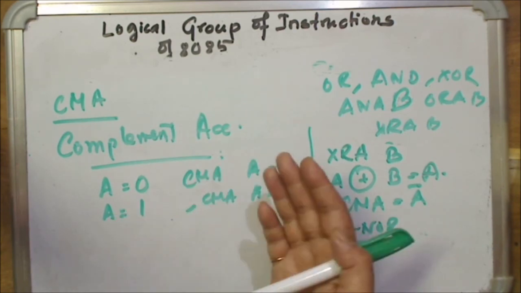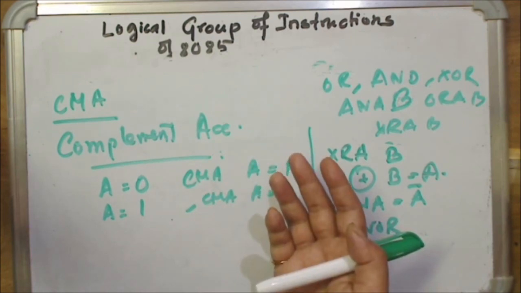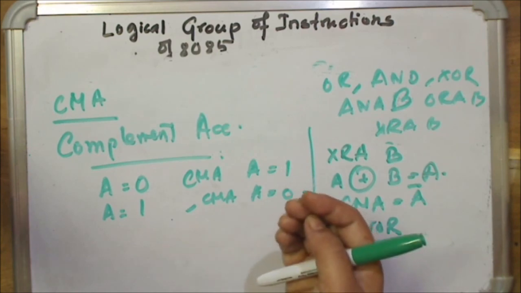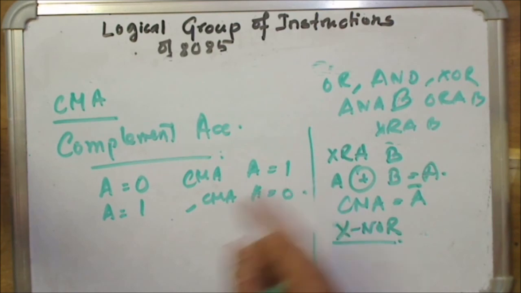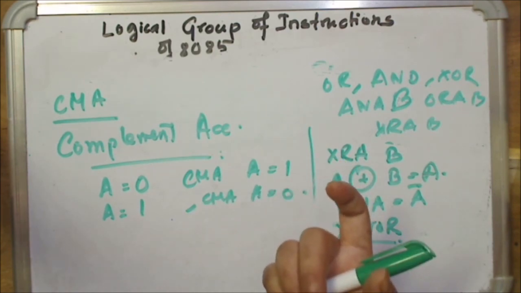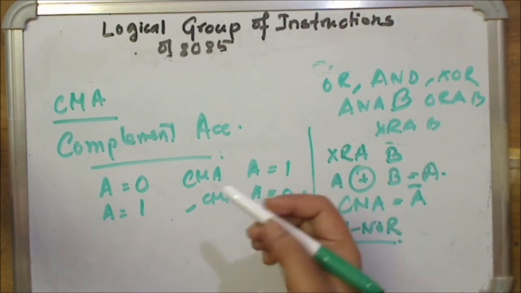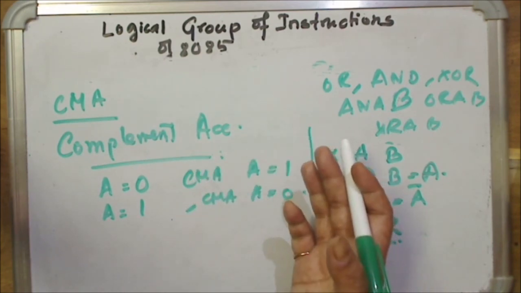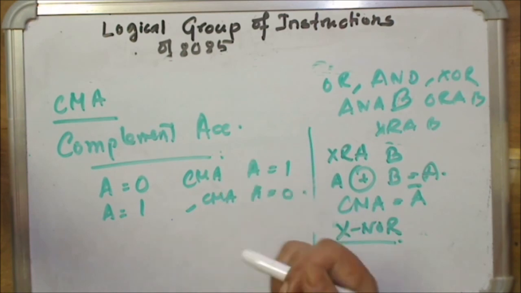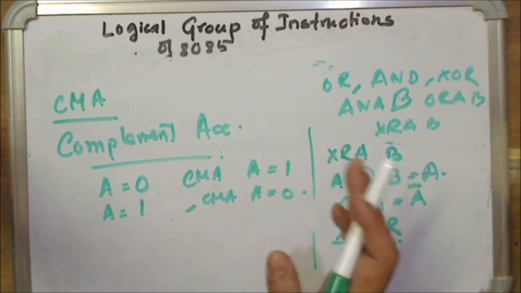Then you OR the data with some register or some memory location, or with a number given in the instruction, and you get the result in OR form. Then you write the instruction CMA, so you get the complemented result of the accumulator. That is, you are getting the NOR result. Same with NAND, same with XNOR.